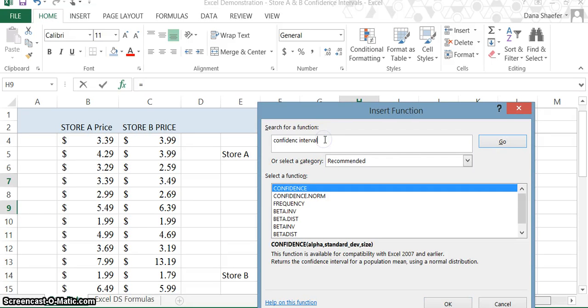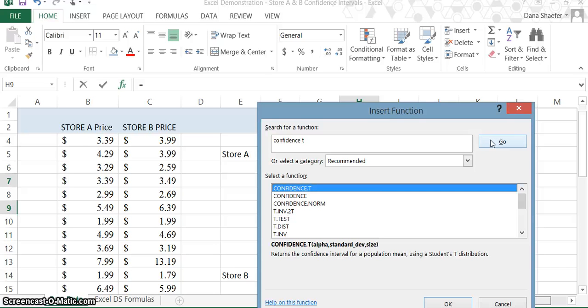So let's try this one more time. So let's do confidence T and see what I get. Confidence T comes up at the very top. So I'm using T because I'm using the T student distribution when sigma is not known. I don't know the population standard deviation. So I'm going to say OK.